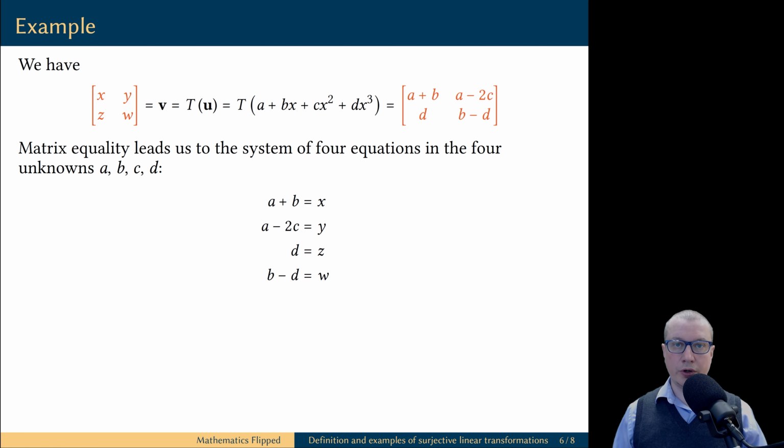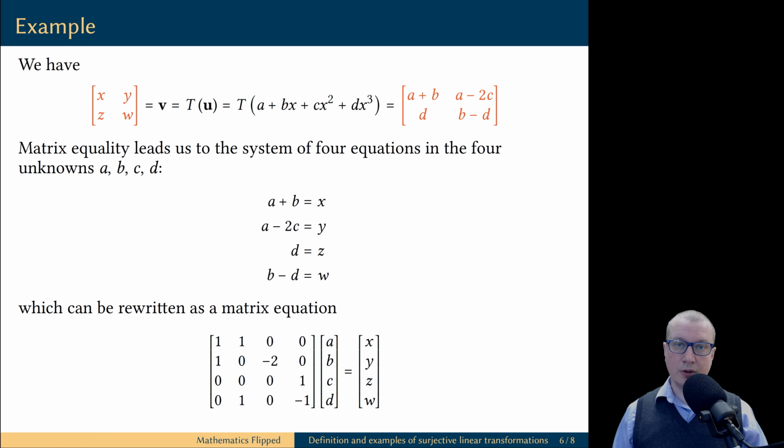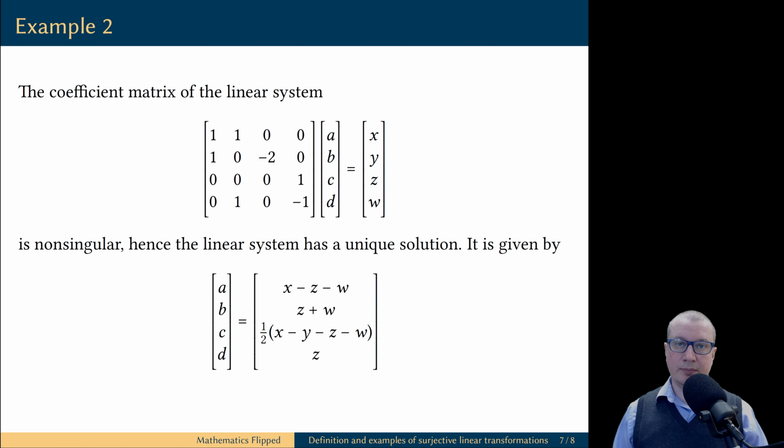This gives us 4 equalities, which we can regard as a system of 4 linear equations in unknowns a, b, c, and d. To solve this linear system, we represent it in matrix form, and, for example, we can find the reduced row echelon form of the augmented matrix of this system.